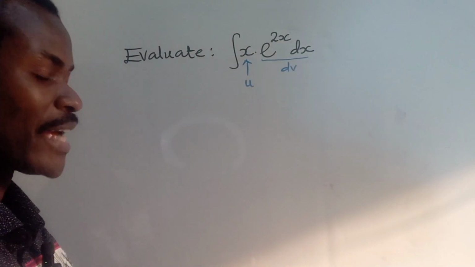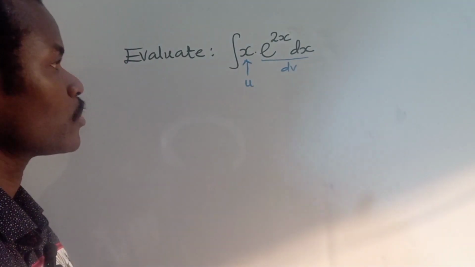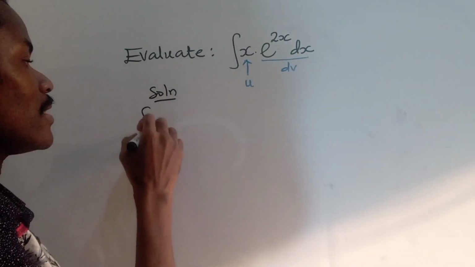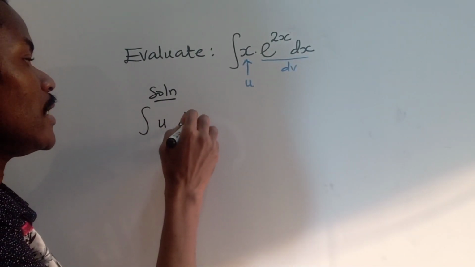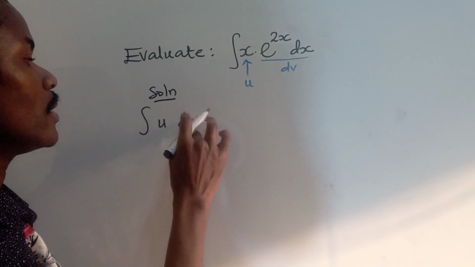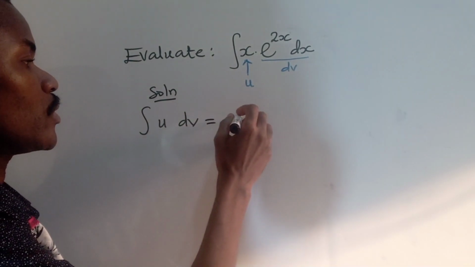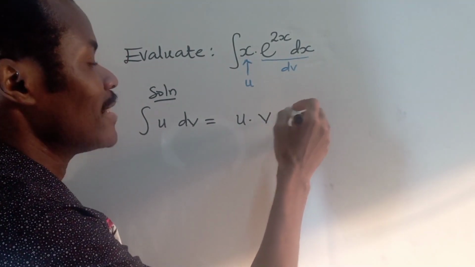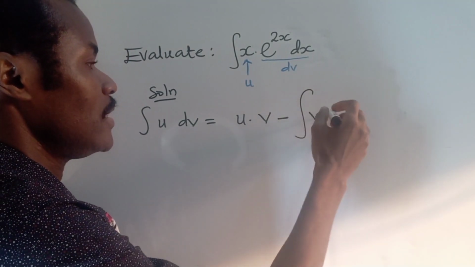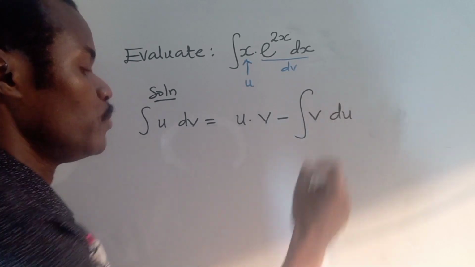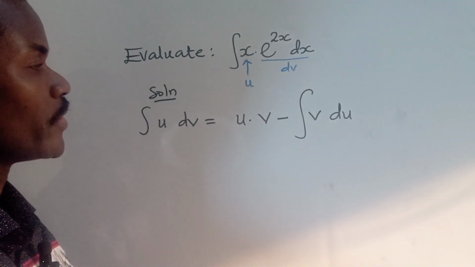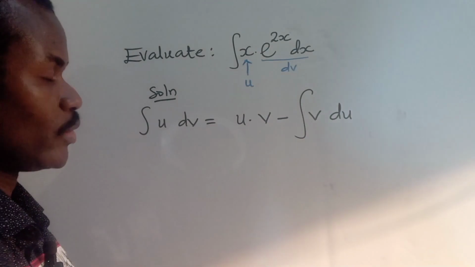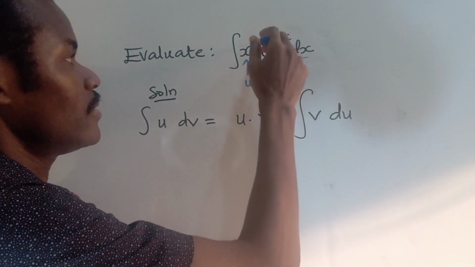Remember, by formula, integration by parts is the integral of u dv equals u multiplied by v, minus the integral of v du. So we already have that our u is x and dv is all of this.